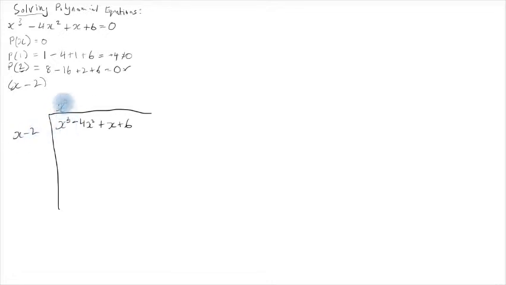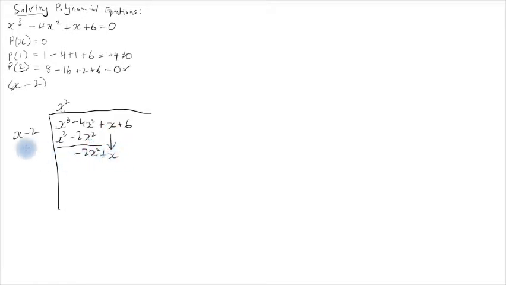So x squared multiplied by x minus 2 gives x cubed minus 2x squared. Now, subtracting the top from the bottom, x cubed minus x cubed gives 0. Minus 4x squared, take away negative 2x squared is negative 2x squared. Let's drop the next term down, plus x.